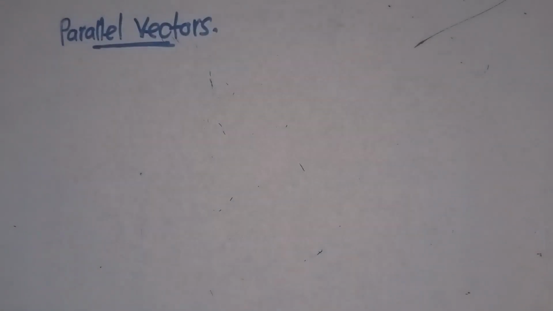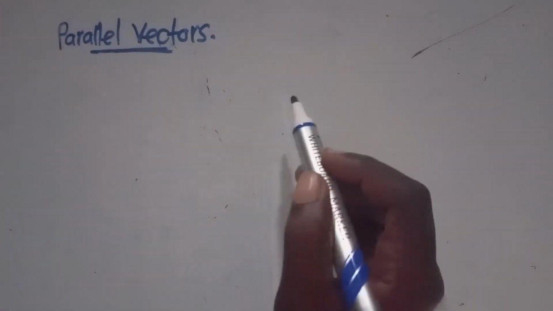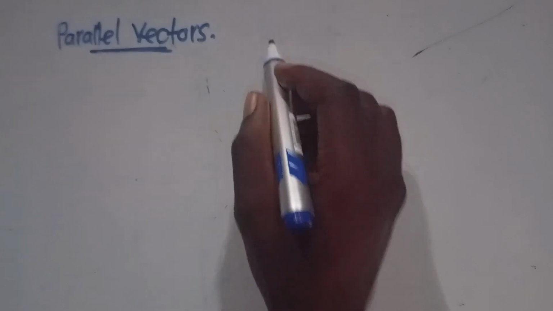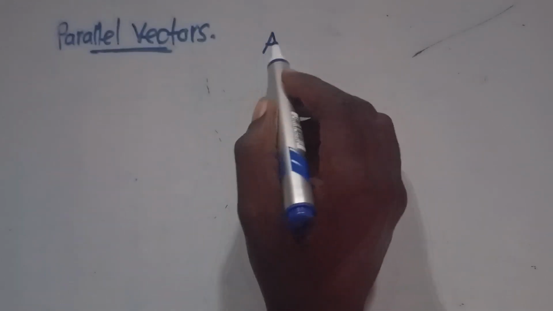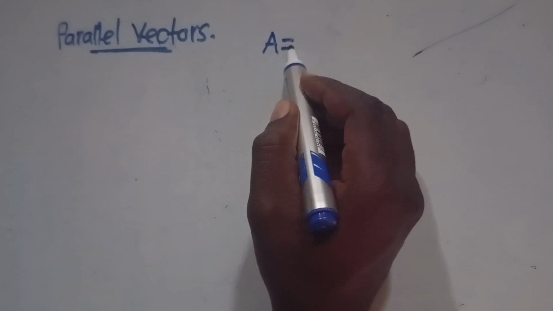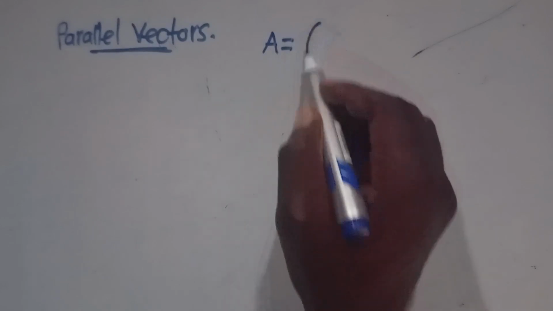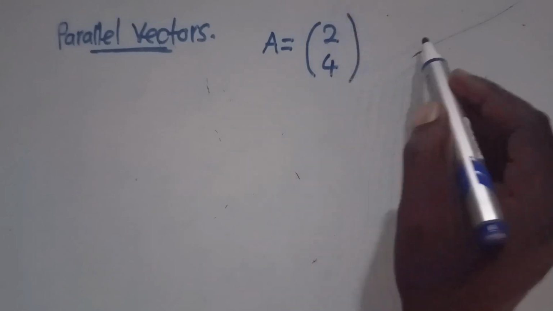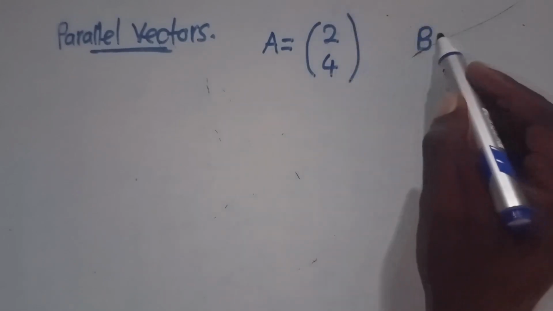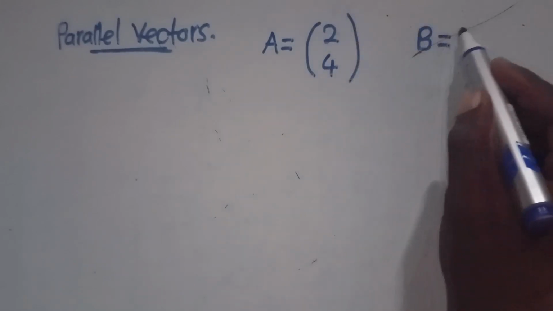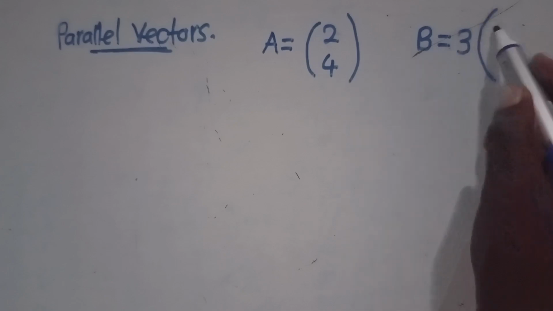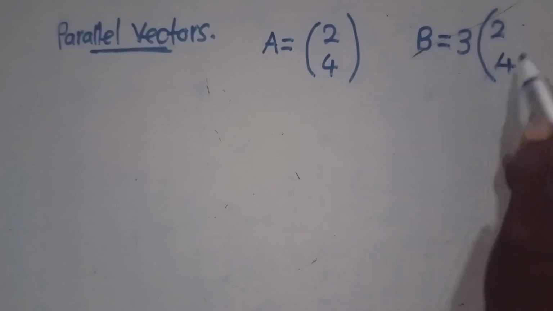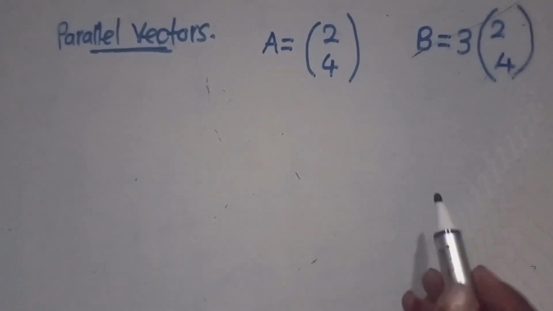They may just differ by a scalar. I believe you know what I mean by scalar. Maybe you've got a vector A, which can be (2, 4). Then you may have B, which can be something like 3 times (2, 4). Have you seen? You've got something like this.